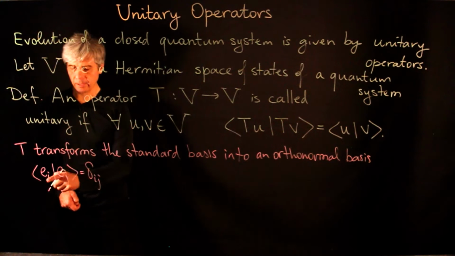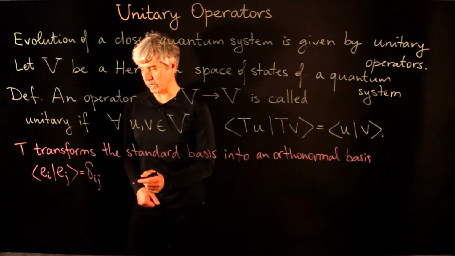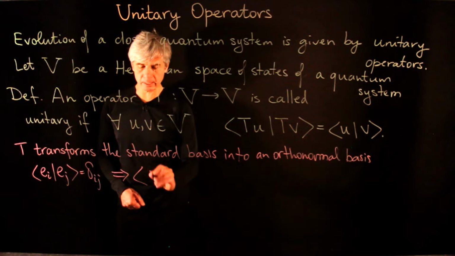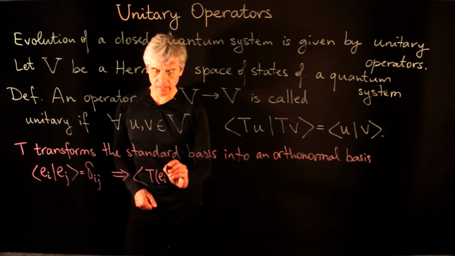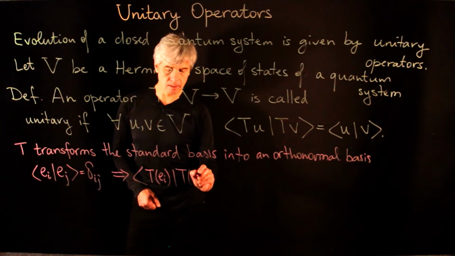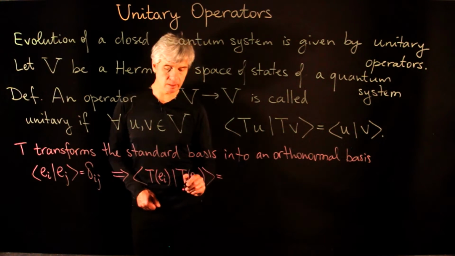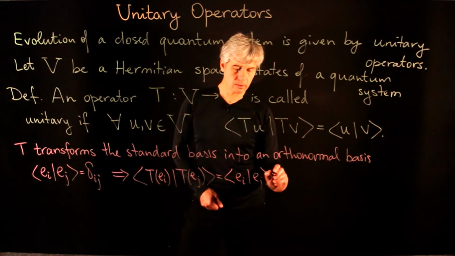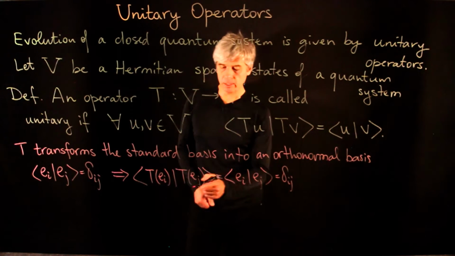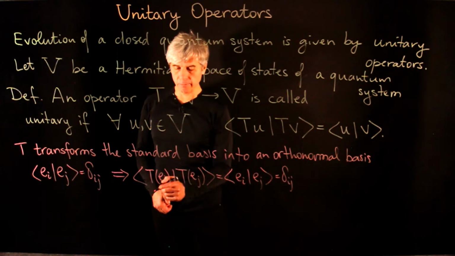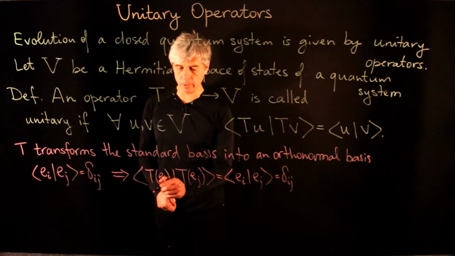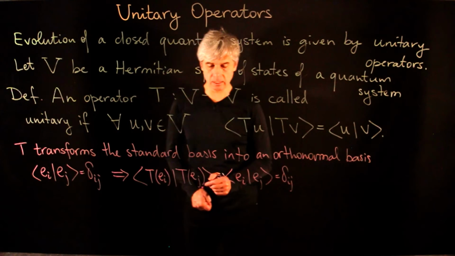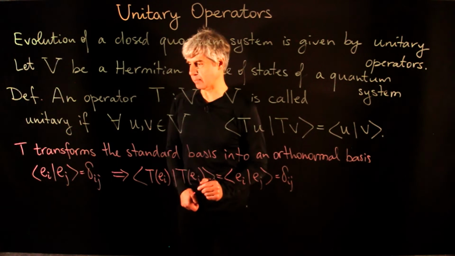So it's 1 if i is equal to j and 0 otherwise. And if T is unitary, this preservation tells us that (T e_i, T e_j) is still equal to (e_i, e_j), which is delta_ij. And this means that this set of vectors forms an orthonormal set, and so this is another orthonormal basis.